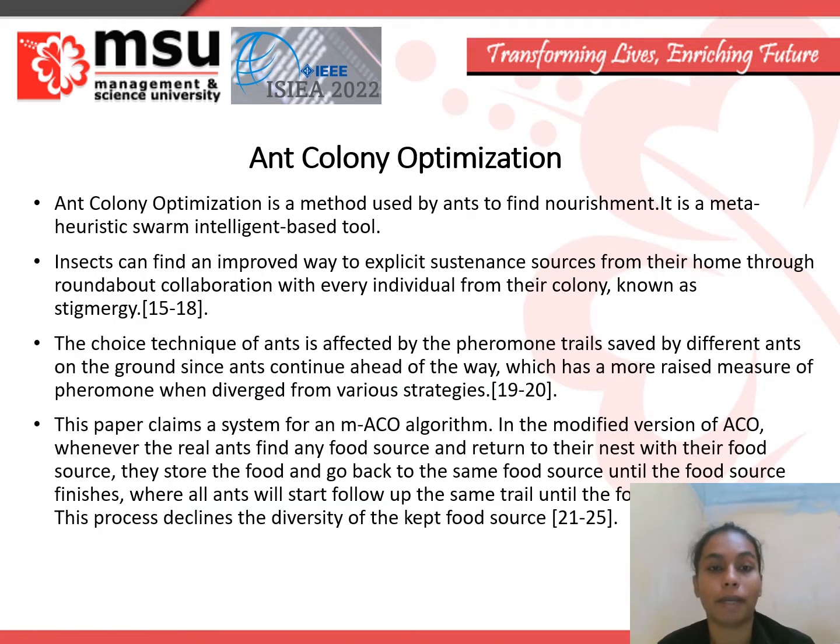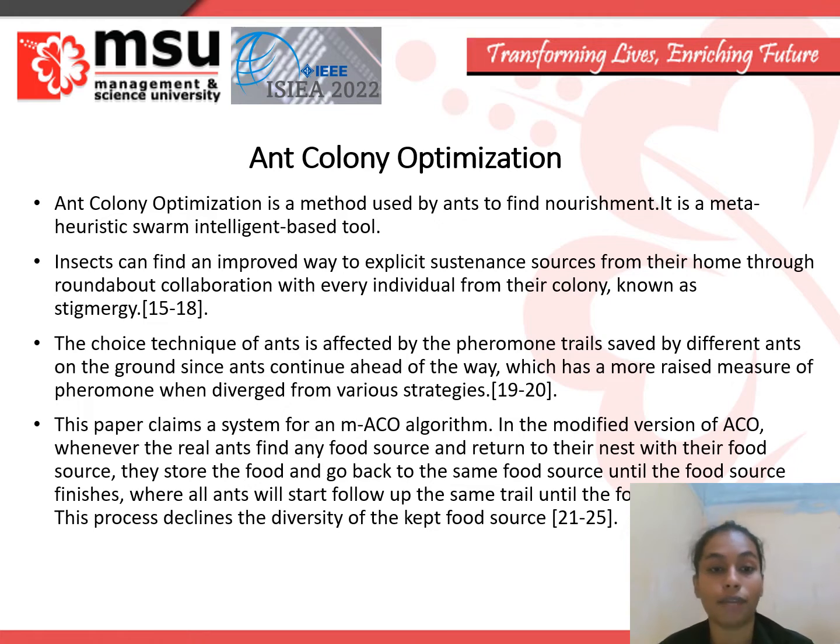Ant colony optimization is a method used by ants to find food. It is a meta-heuristic, swarm intelligence-based tool. Ants can find an improved way to exploit food sources from their nest through indirect collaboration with every individual of their colony, known as stigmergy.